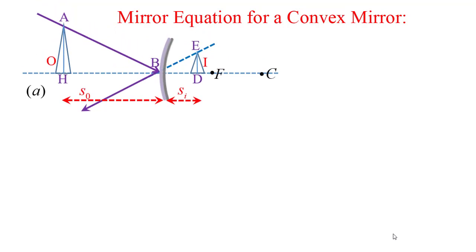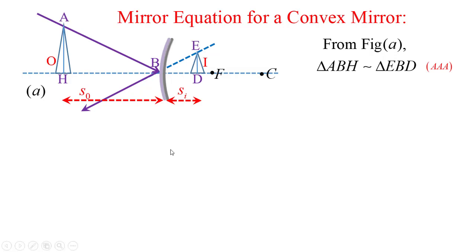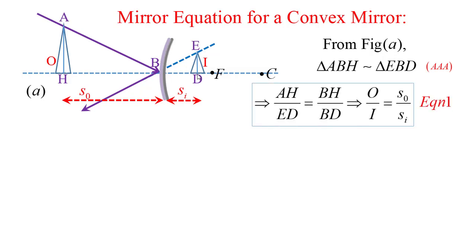Mirror equation for a convex mirror. Now let us see the derivation of the mirror equation for a convex mirror as we did previously for a concave mirror, and finally we will merge them together later on. From figure A, triangle ABH is similar to triangle EBD, using angle similarity of triangles.